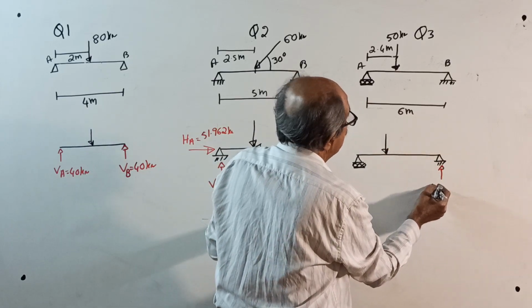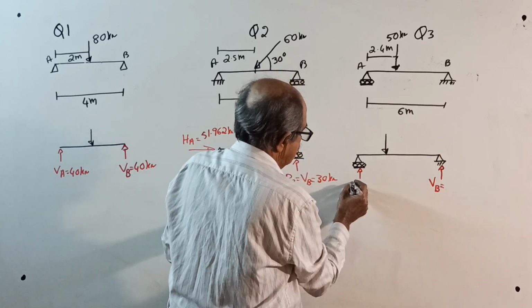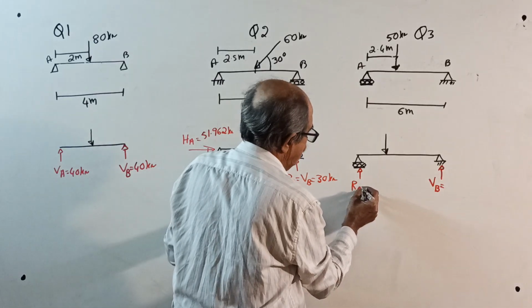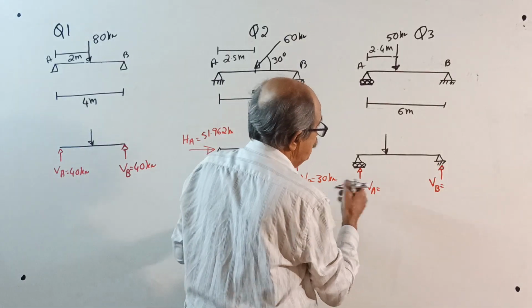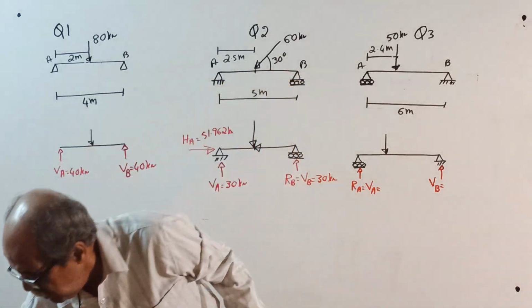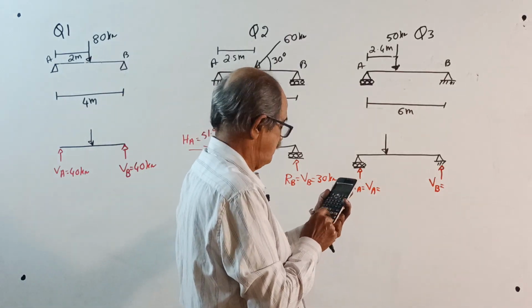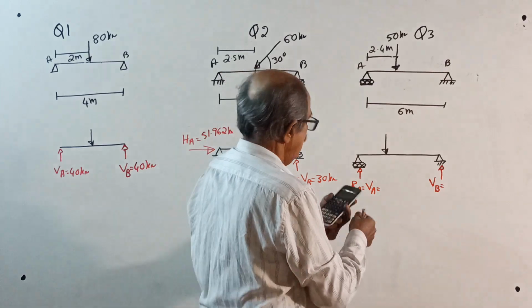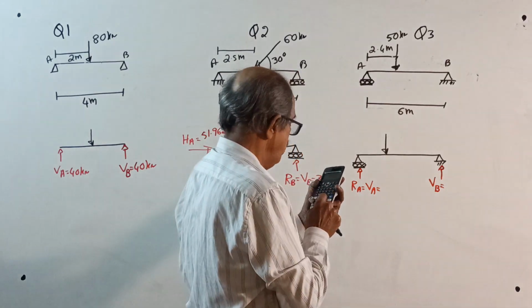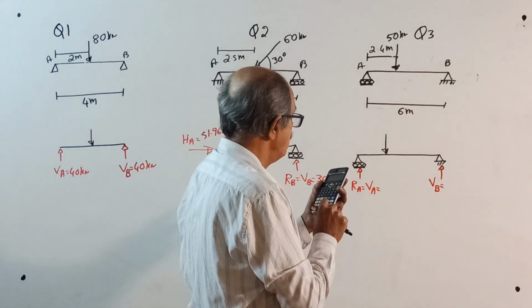Vertical reaction VB equal to, and reaction at A is perpendicular plane, RA equal to VA equal to, now oh, something wrong. I can make out immediately because I calculate the problem.